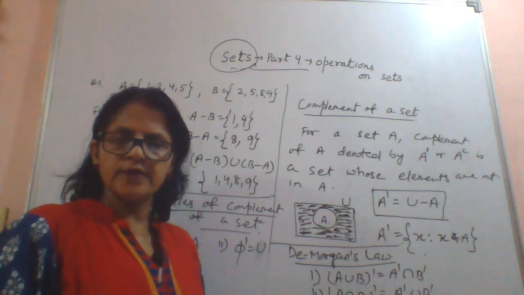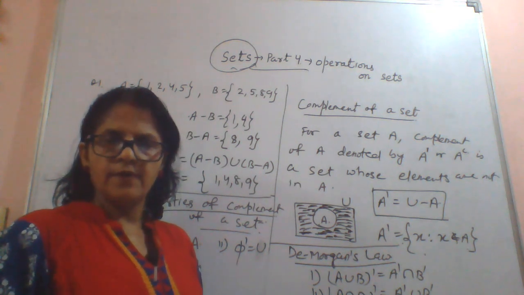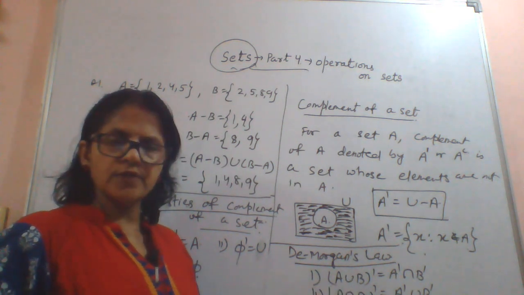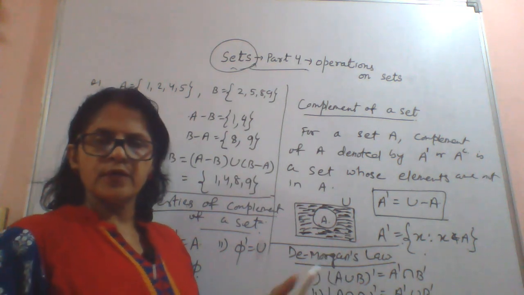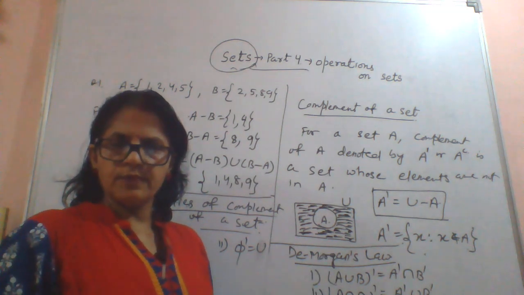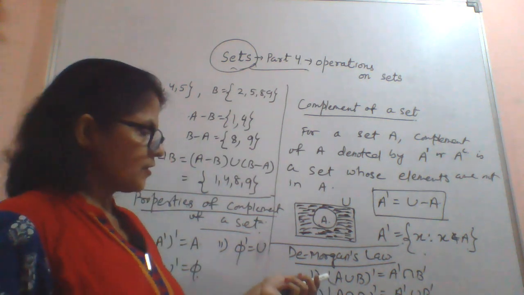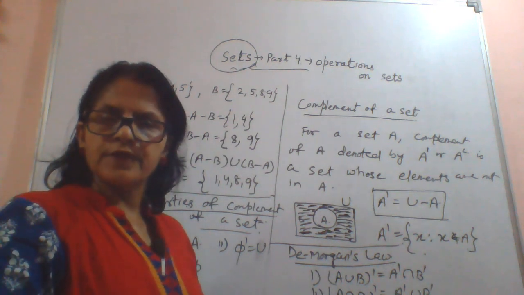If the question is to state De Morgan's law, it means you have to write both the parts, and to prove it you may use a Venn diagram or the normal algebraic method. Let me now tell you how to prove it.